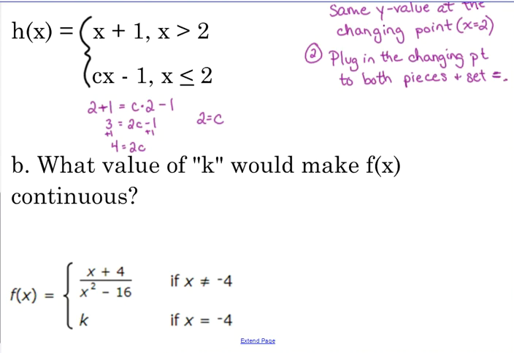So the first one was the piecewise we're used to, left side, right side. They've got to meet up at the same y value. We talked about this some yesterday, the equal to and the not equal to. So remember, visualize what these functions look like when it's the equal to and the not equal to.